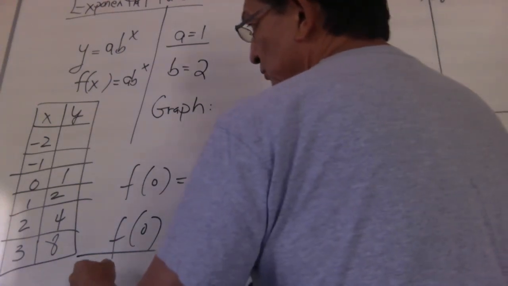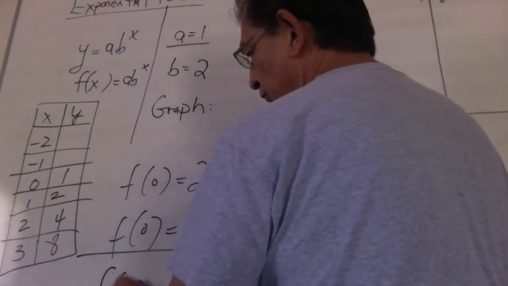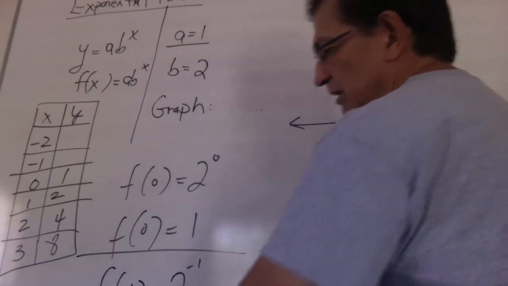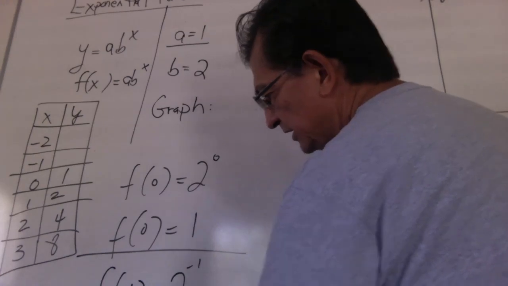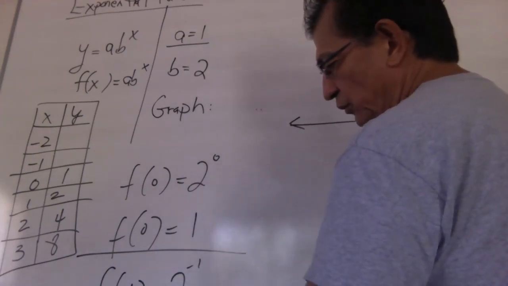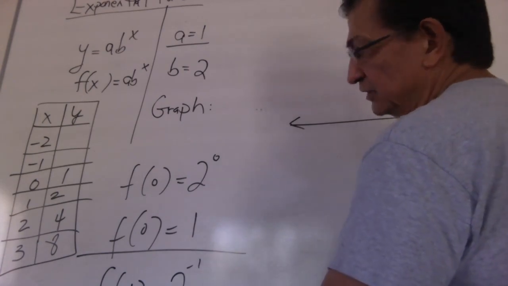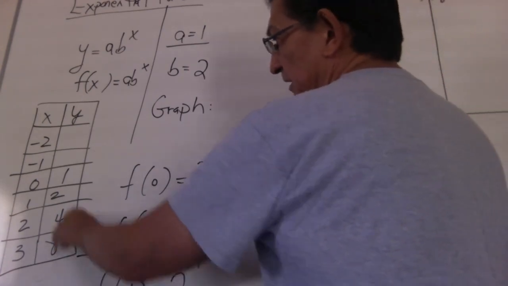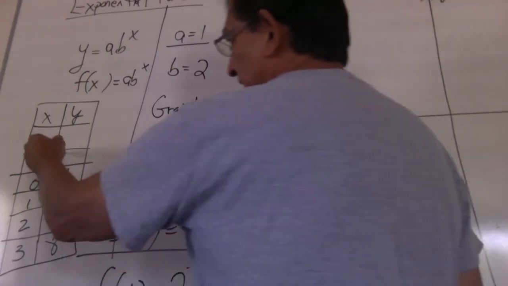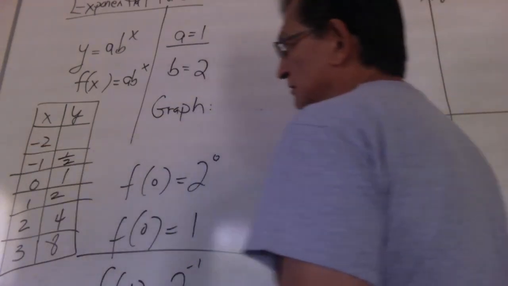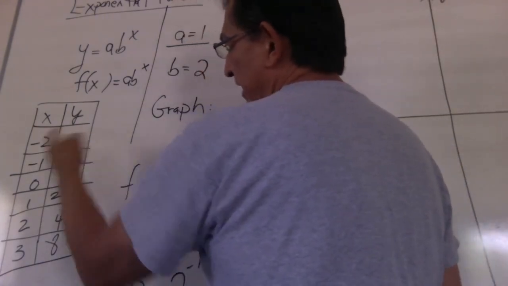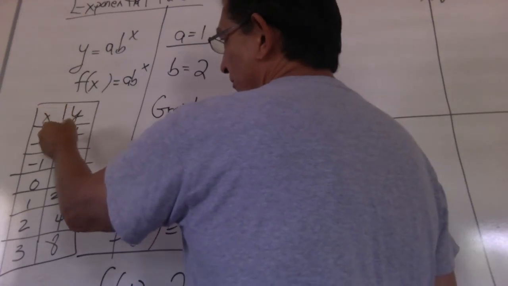Okay, so then the next one, if we have f of negative 1, remember we have a negative exponent, 2 to the negative 1. Negative exponents want to be positive exponents. So this is actually equal to 1 over 2 to the first. And anything to the first power, like this example, is itself. So this is 1 over 2. So this is a half. If this is a half, and then a half of a half, we know this has to be a fourth.